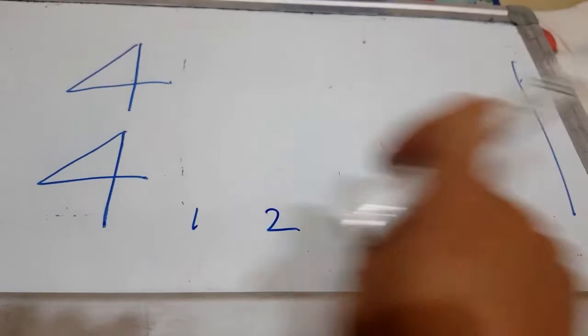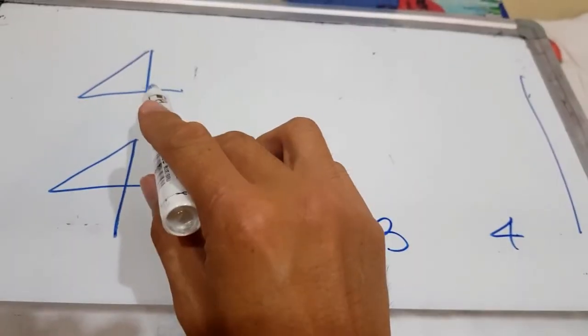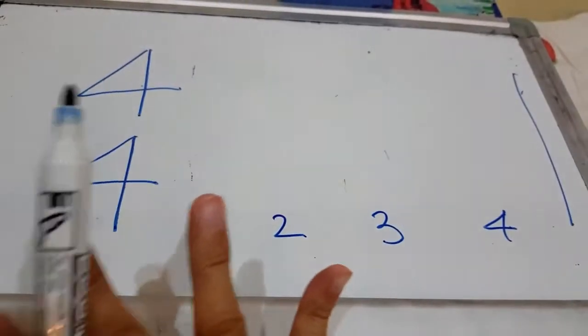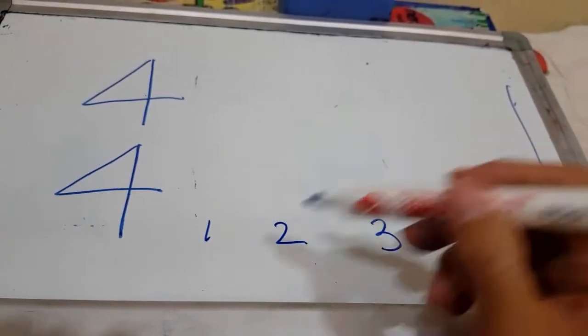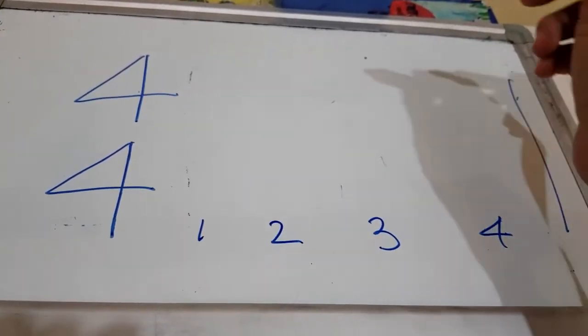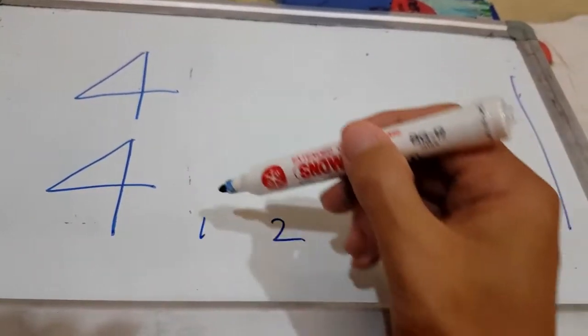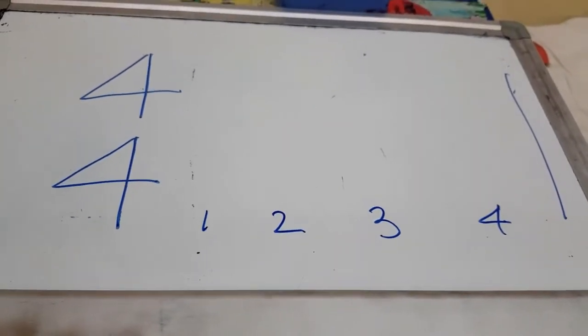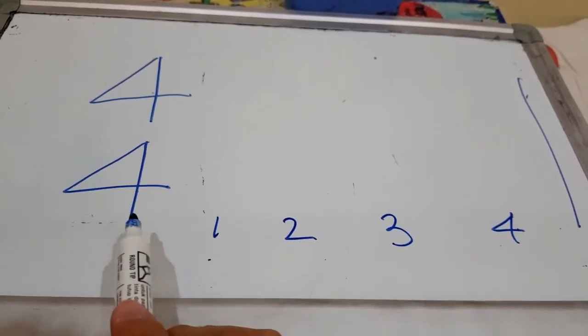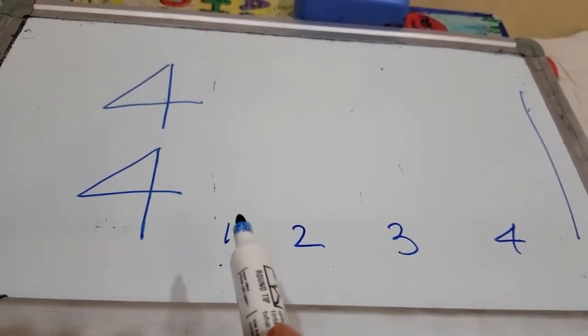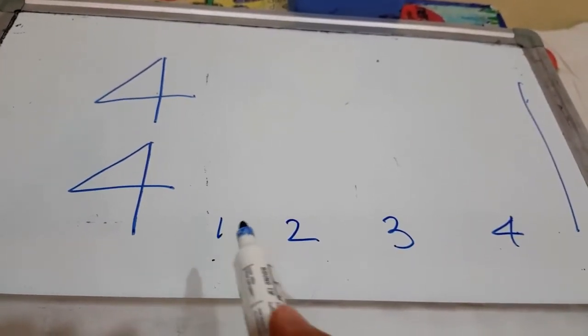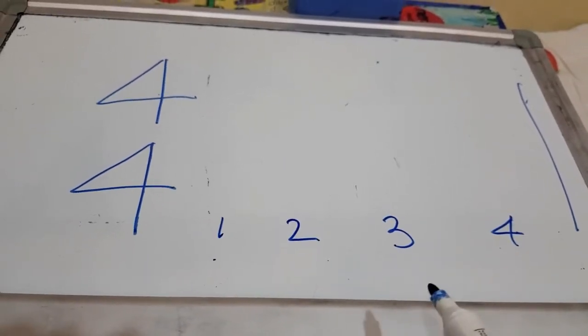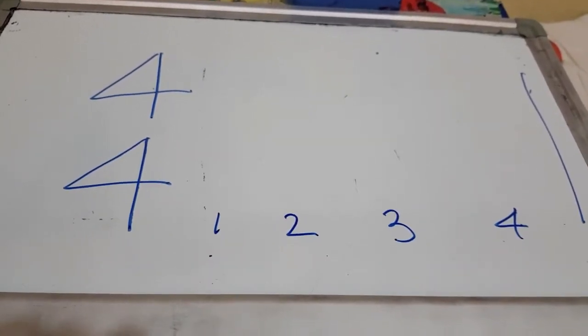So the number on the top means you have 4 beats in one measure. 4 beats: 1, 2, 3, 4. And the number at the bottom means the value that each beat gets.